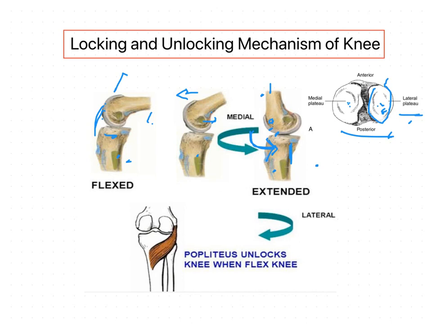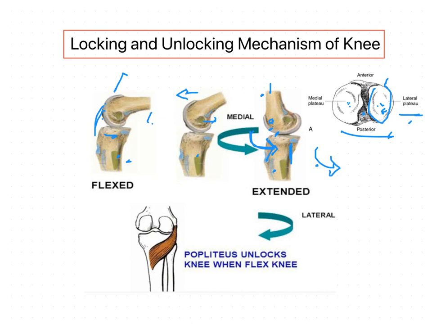After maximum extension is reached and the gliding and rolling of the medial condyle is completed, the continued motion of the medial femoral condyle results in medial rotation of the femur, taking the lateral condyle as a fixed pivot point.